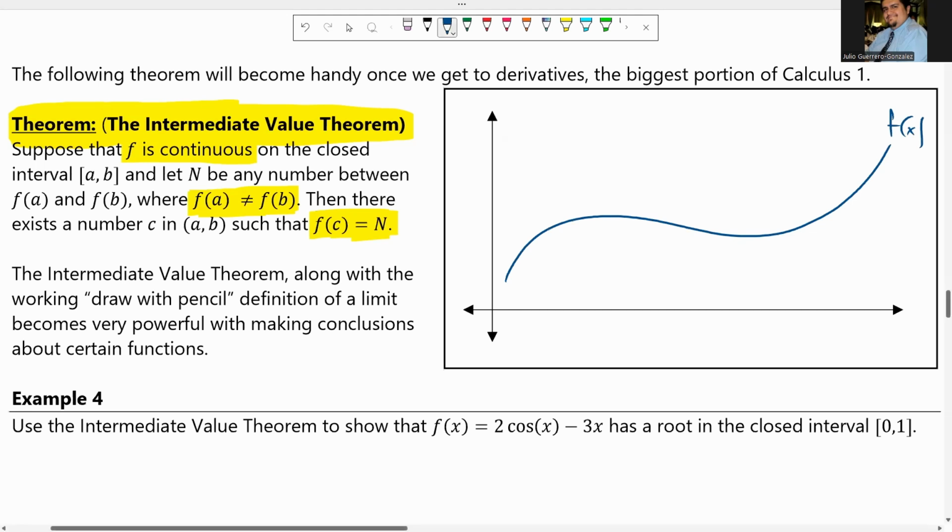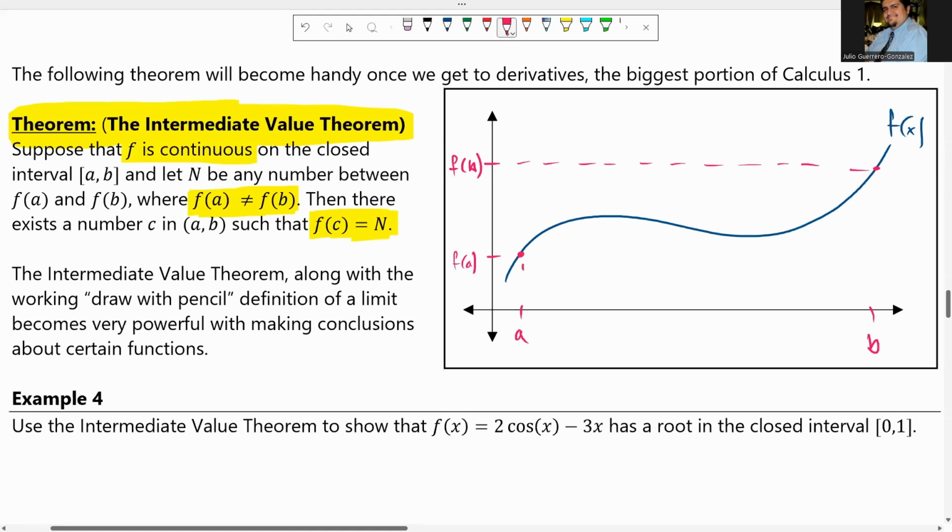Suppose that I am going to be looking at this from a value a to a value b. We know that this is f(a).